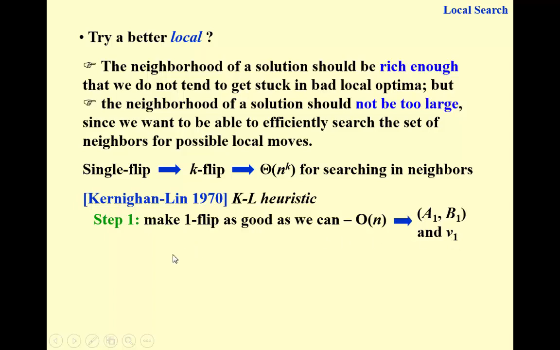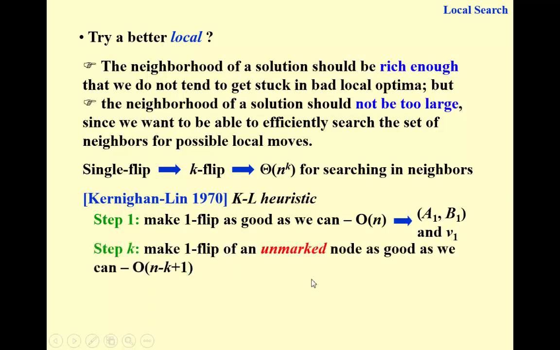Okay, and before step k, we must have had k minus 1 vertices already marked. And we make one more flip of an unmarked node as good as we can. Even though it's possible that sometimes there's no way to get a better result, and flipping any other node will make the situation worse, still, we will choose the best one out of those bad cases.